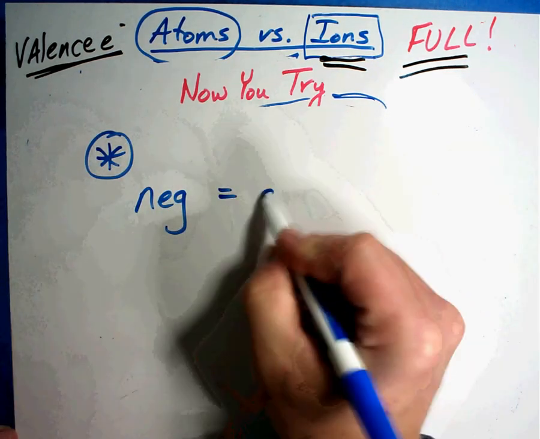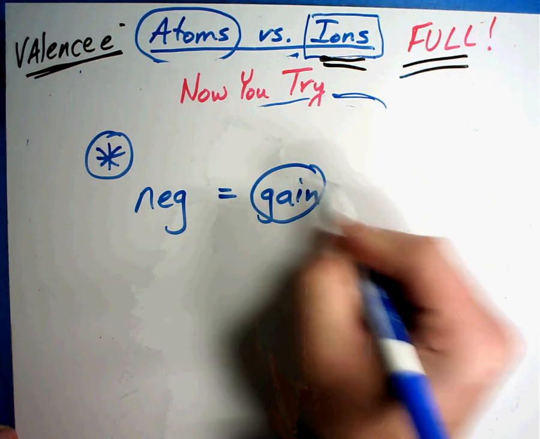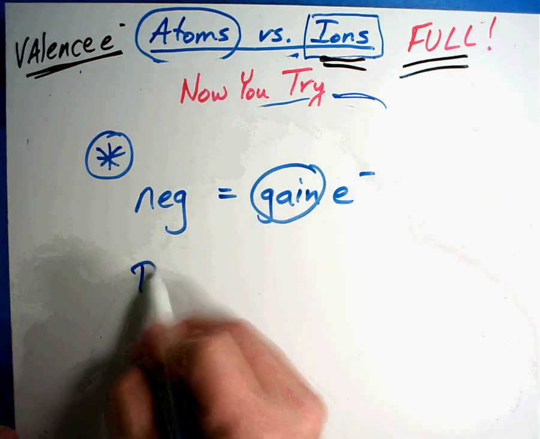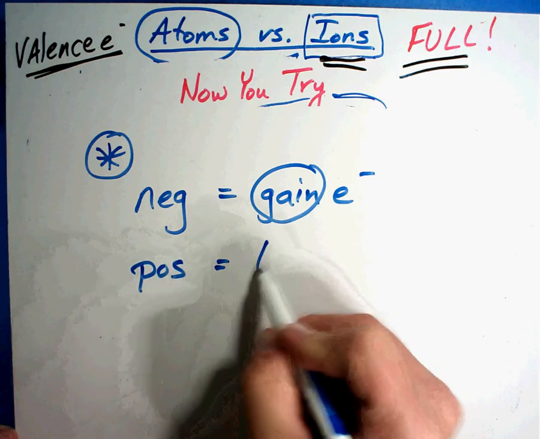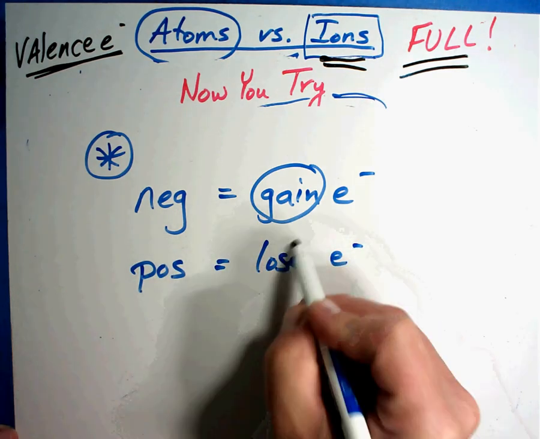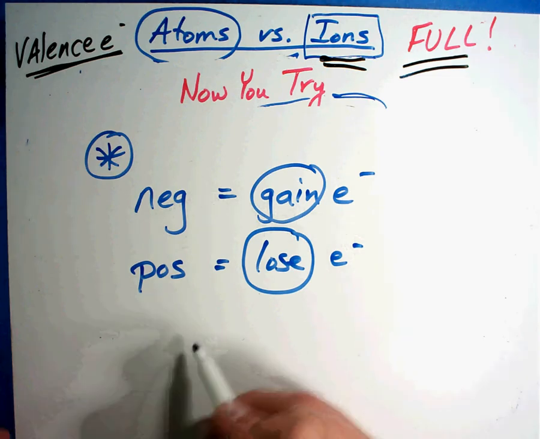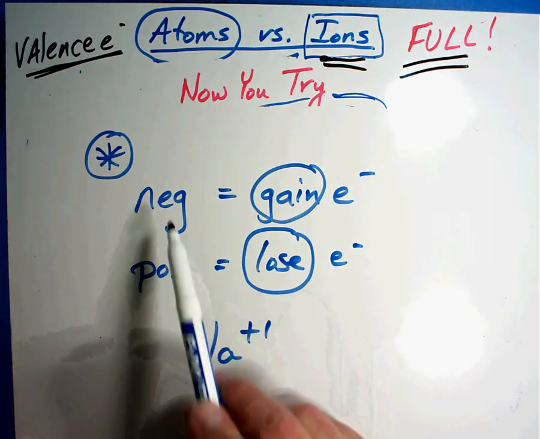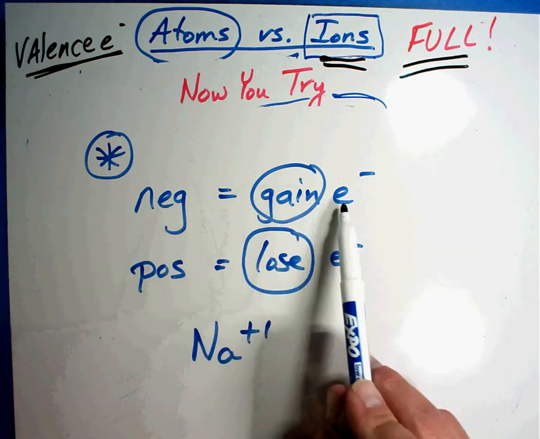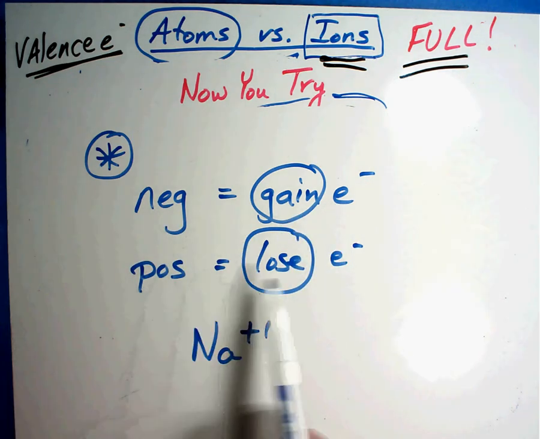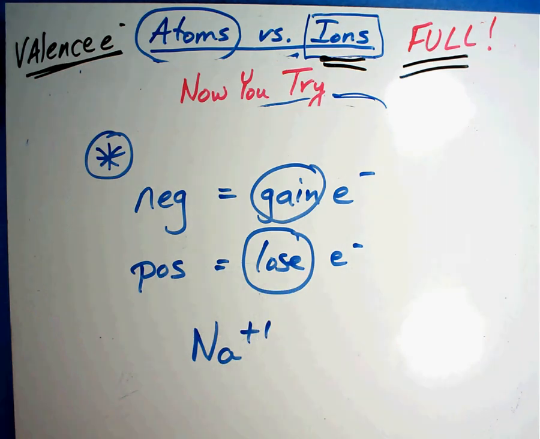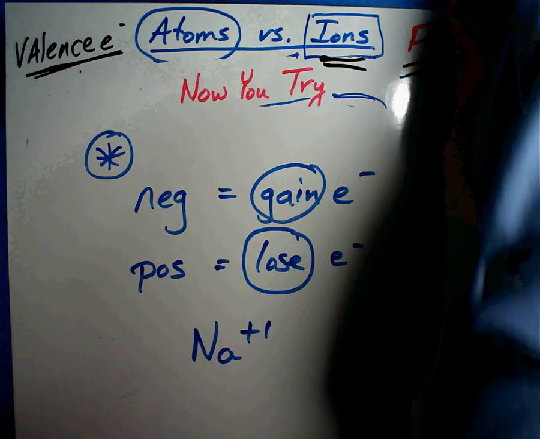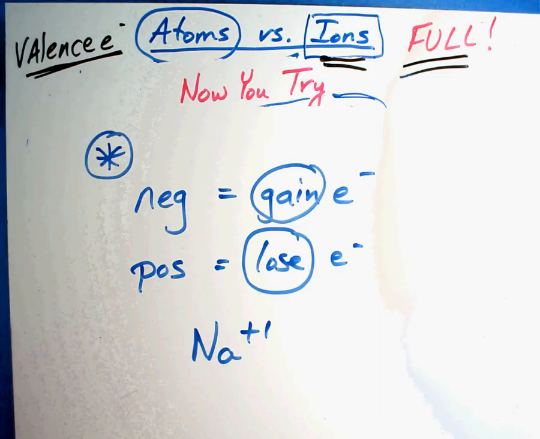Let me explain it to you like this, and then we'll be done. Let me grab a paper clip here, and let's say that this paper clip is an electron. And I have an electron, and I'm going to give it to you. Are you now positive or negative? Well, if I gave it to you, that electron's negative, so you're now negative. If I gave you 2 paper clips, you are now -2, because you have 2 negatives.